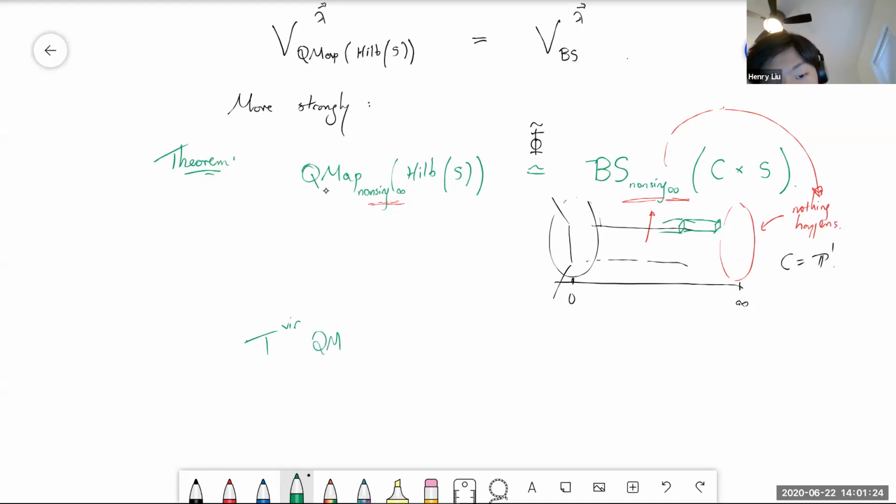There's a T-vir for quasi maps. There's a T-vir for BS theory. And these are also matched under the equivalence phi tilde inside K theory. So maybe it's the case that they really do match up as elements inside the derived category, but I've only done the computation in K theory, in fact, inside equivariant K theory.